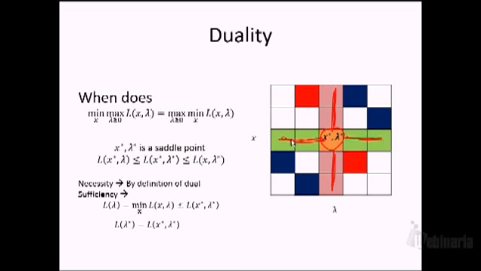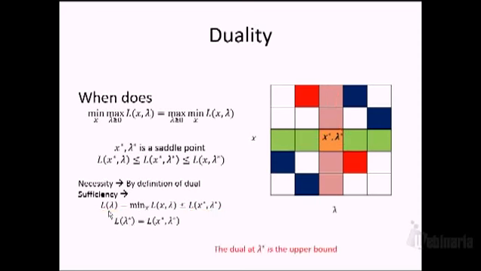And to see why it is sufficient, we have already established an inequality that the solution to the primal is an upper bound on the dual. Now you are given an extra piece of information that this upper bound is actually the dual function evaluated at lambda star.